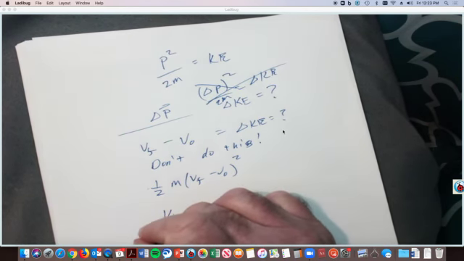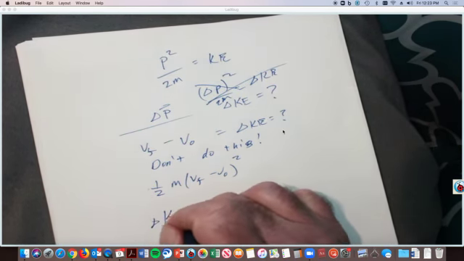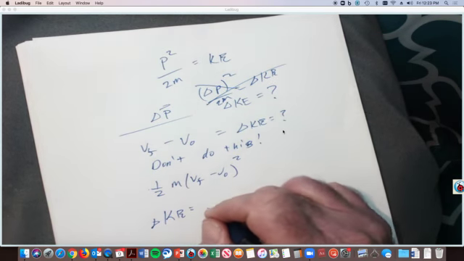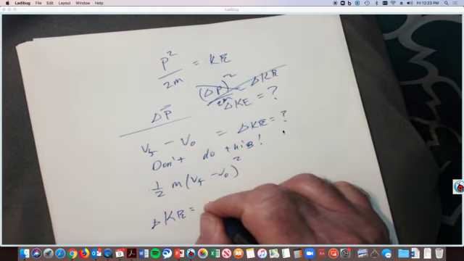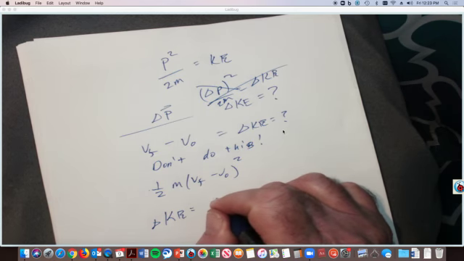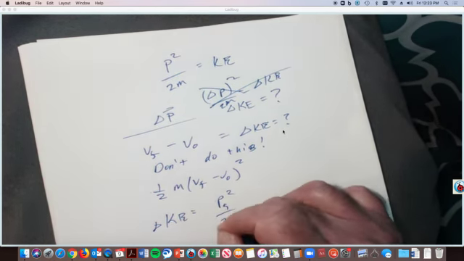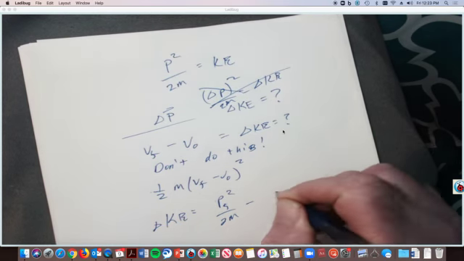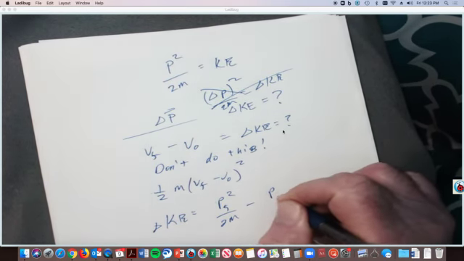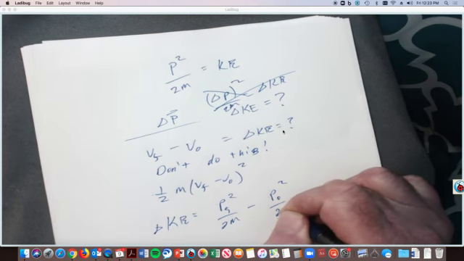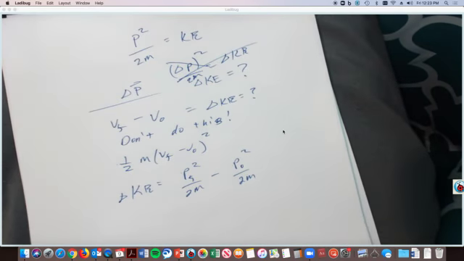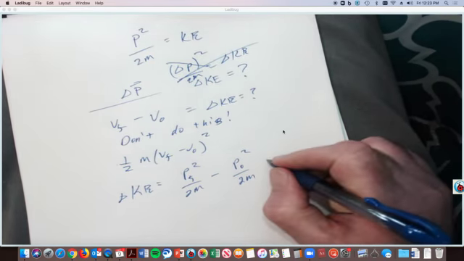You can say the change in kinetic energy is equal to P final squared over 2m minus P naught squared over 2m. That works.